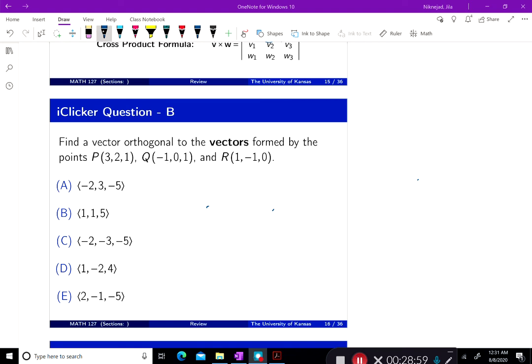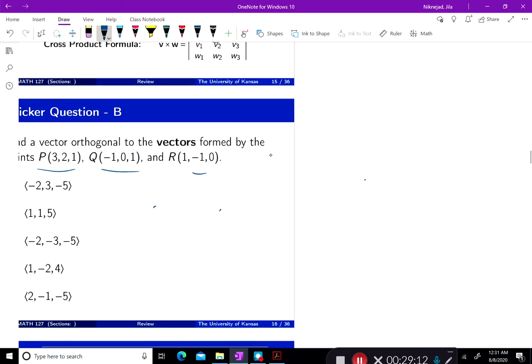Let's think about this. There are 3 points in here, and we want to find the orthogonal vector to vectors formed by the 3. How many different ways can we find them? We can find PQ, we can find QP, we can find PR, we can find RP, we can find QR and RQ.